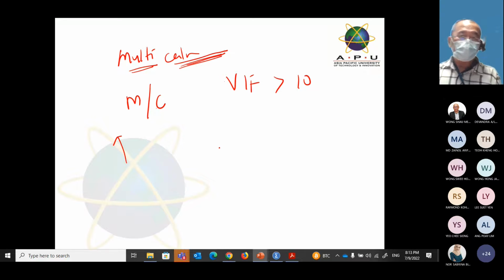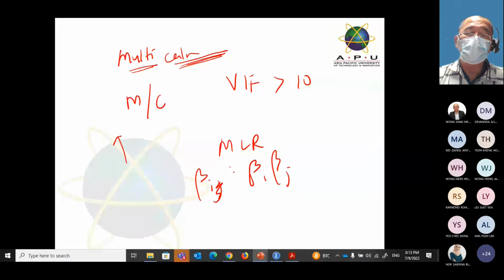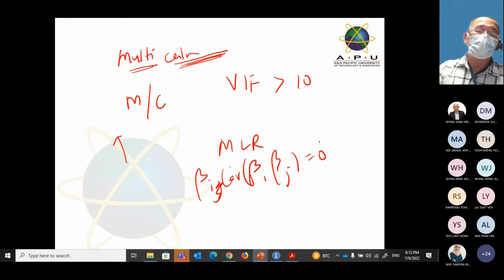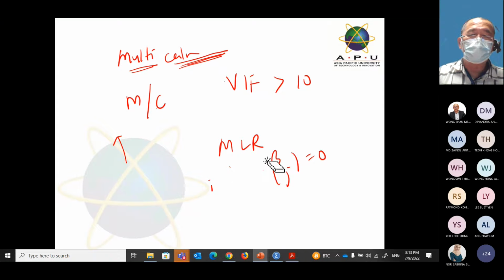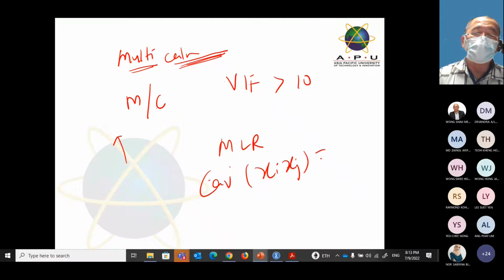And why is this not good under multiple linear regression? Because in multiple linear regression, for beta i and beta j, the covariance between xi and xj should be 0.